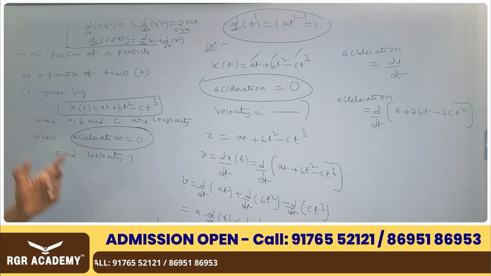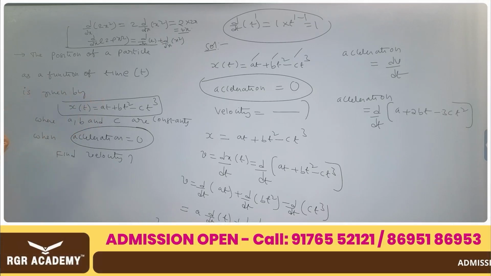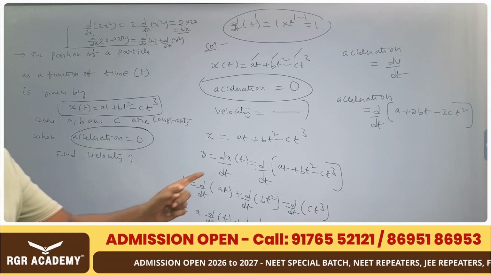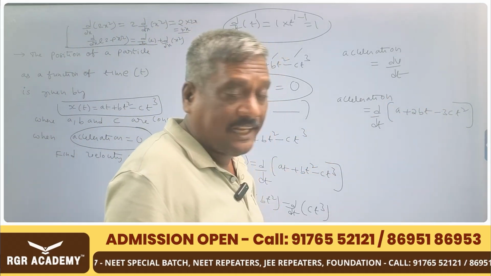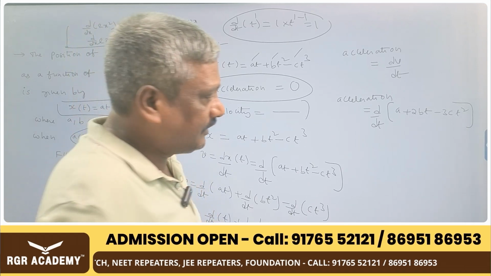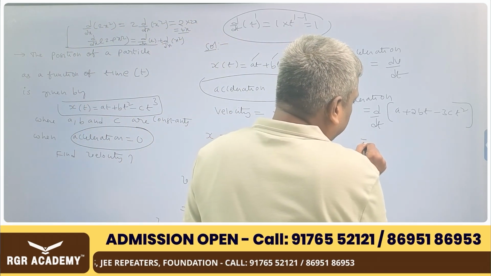Now read the question carefully. This is the position of a particle, a plus bt square minus ct cube. A, B, C are constants. If you take the first term, only A is there. You can split into three terms here.